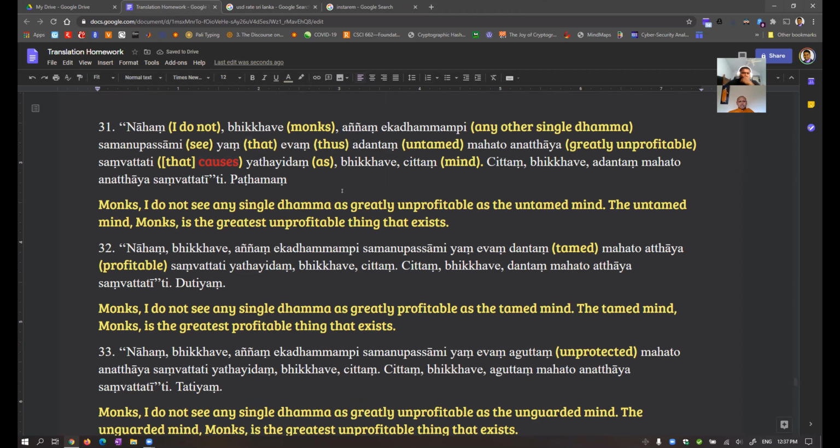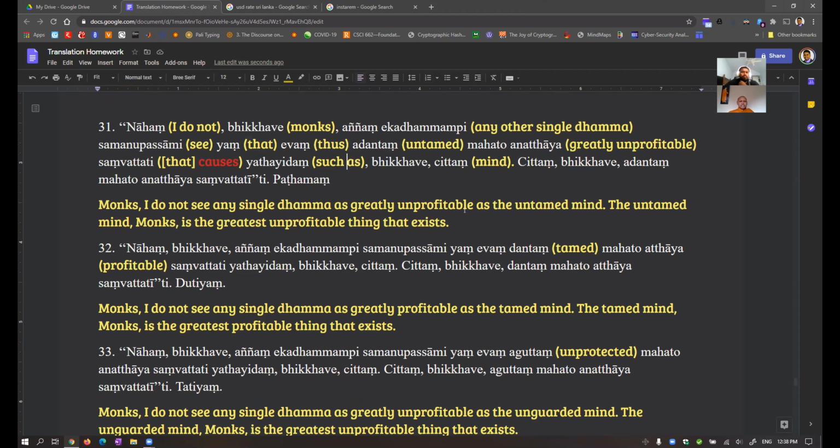Yatha idang bhikkhave chitta, such as the mind, monks. Chittam bhikkhave, mind, monks, adantang, untamed, mahato anathaya sangvattati. That you get.